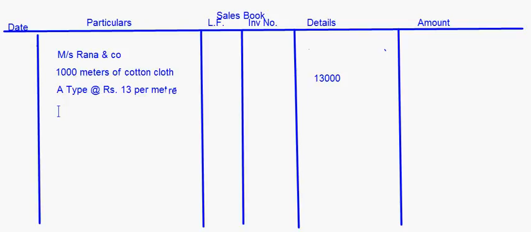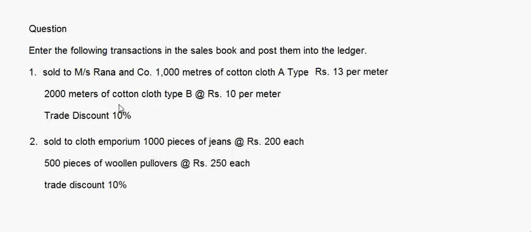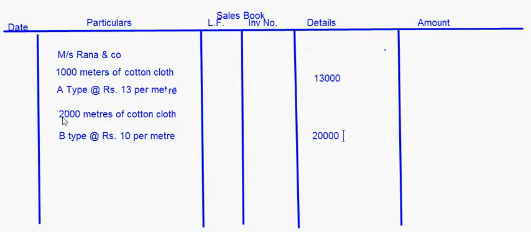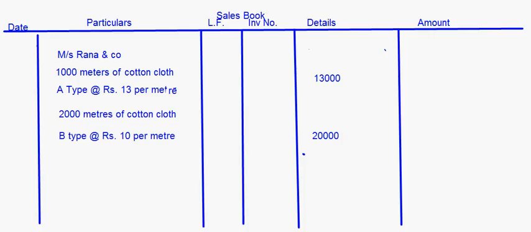And then the next one is 2000 meters of cotton cloth type B at rupees 10 per meter, right? So here you have 2000 meters of cotton cloth B type at rupees 10 per meter, right? So that is 2000 into 10, which is 20,000. Now after this they have shown trade discount is 10%.